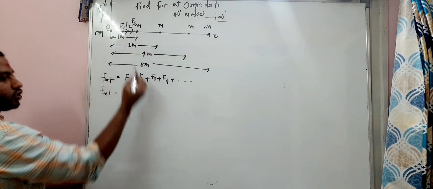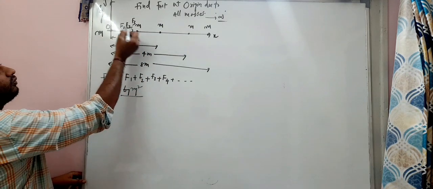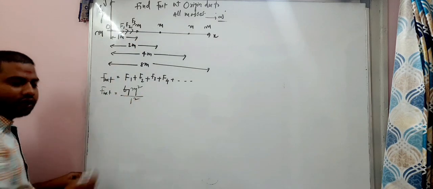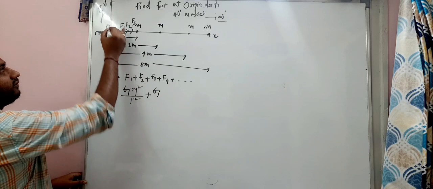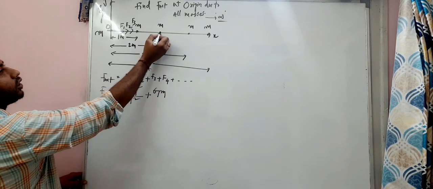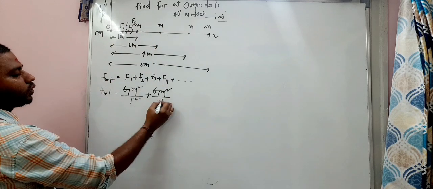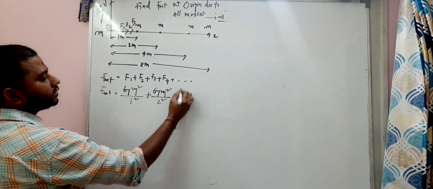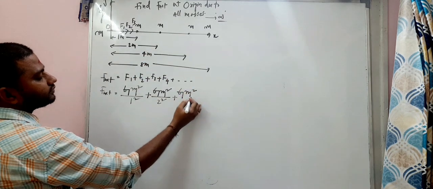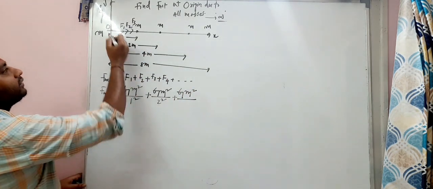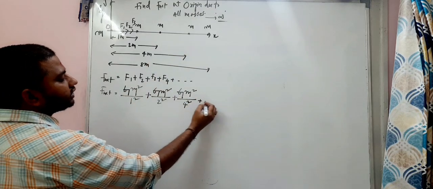Into M2, small m, so Gm square by R square. What is R? 1 square, plus the second one. So G into M, the second mass is also M, M square by the distance between them, 2 square, plus G into M, the third mass is also M, M square divided by 4 square, as the third mass is at a distance of 4 meters.